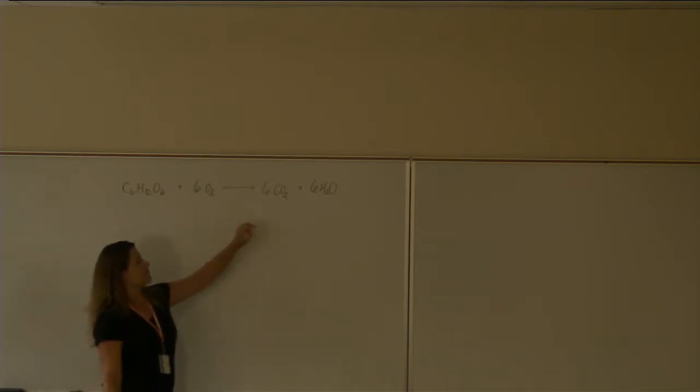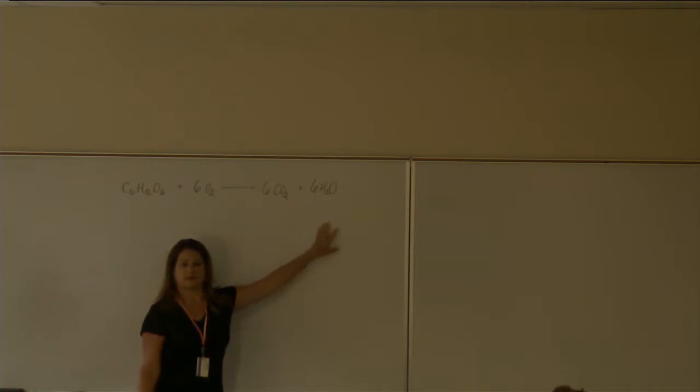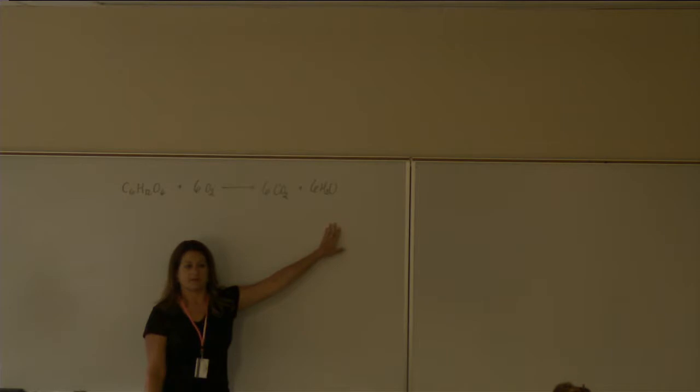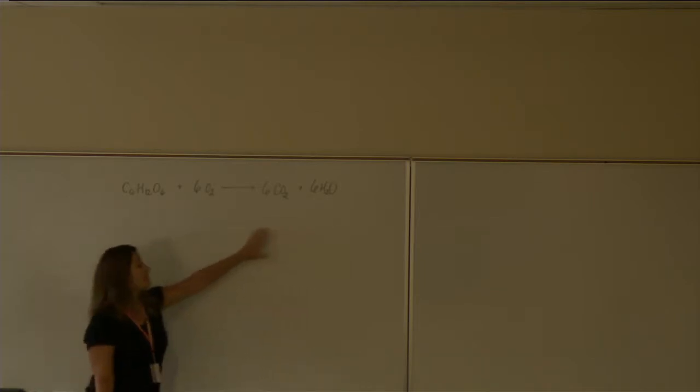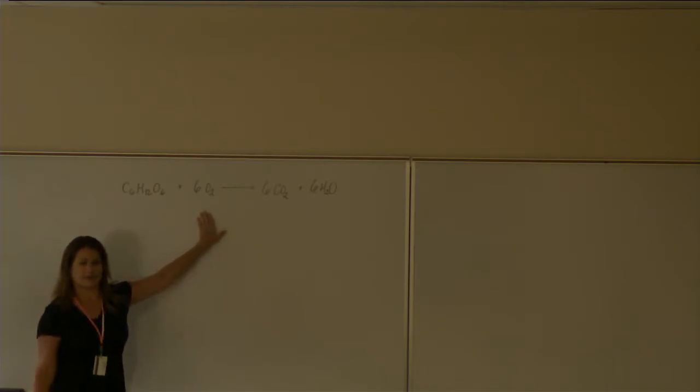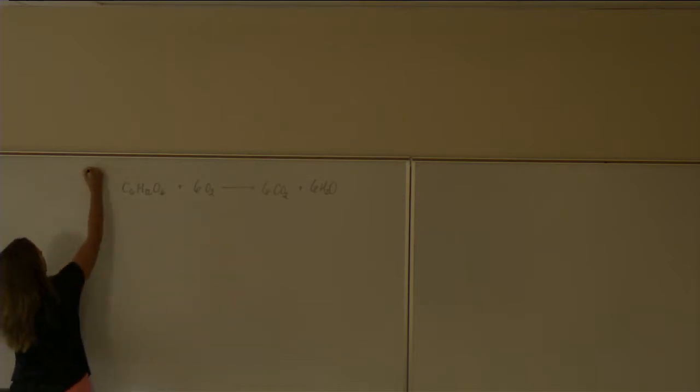Glucose and oxygen yielding carbon dioxide and water. Remember we talked about fermentation, anaerobic respiration, aerobic respiration. It uses oxygen. Which of those three would most appropriately fit? Aerobic respiration. This is aerobic.